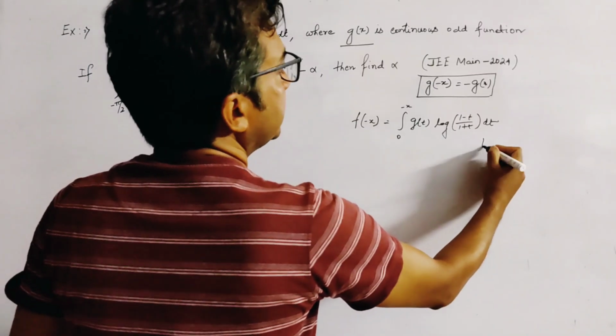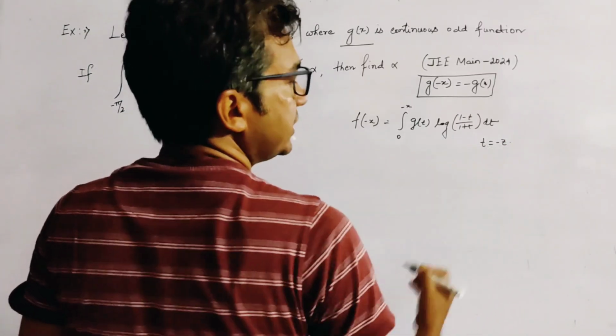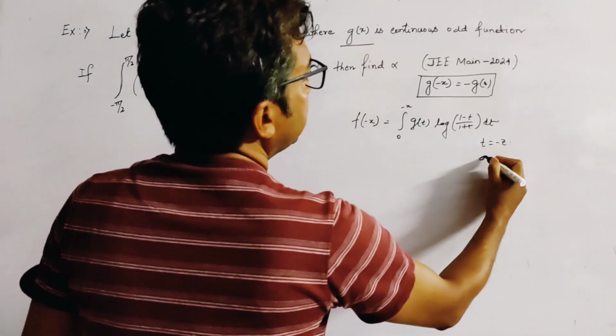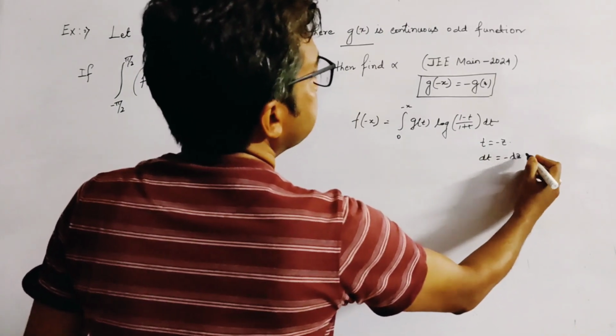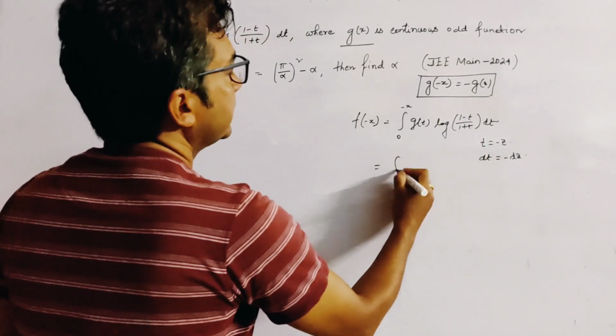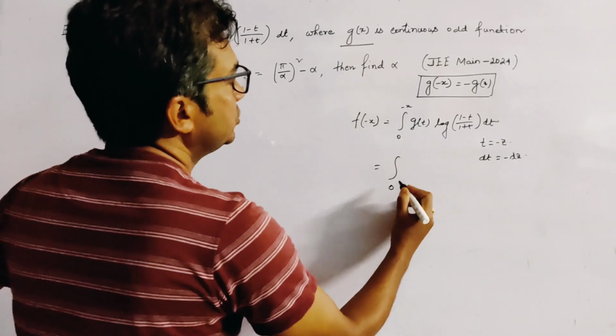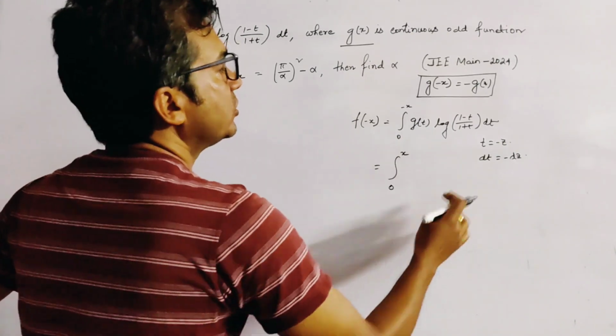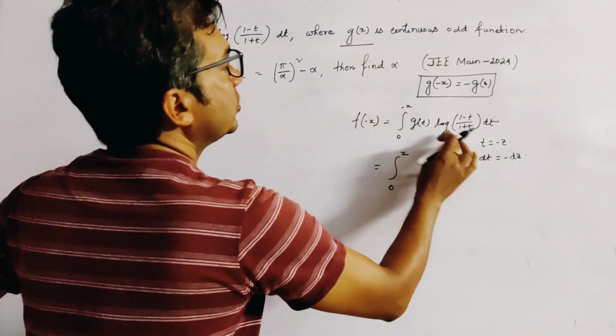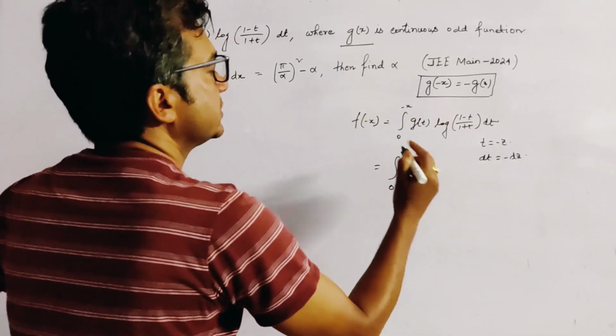Now substituting t equal to minus z, we get dt equal to minus dz, and the integration becomes 0 to x, because if t equals minus x, then z equals x.